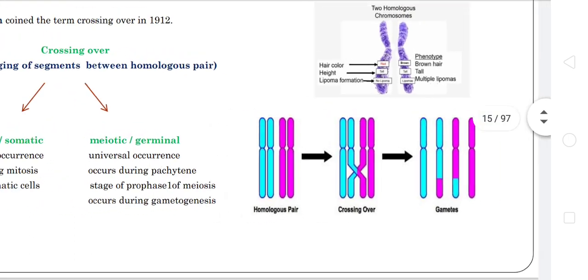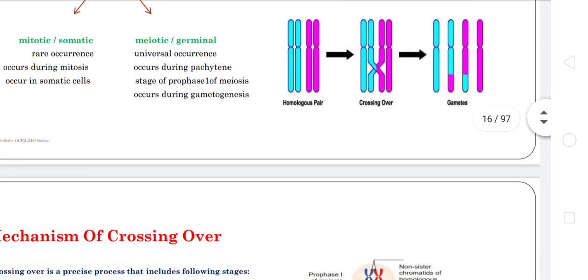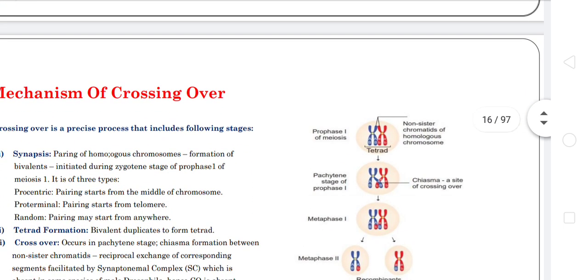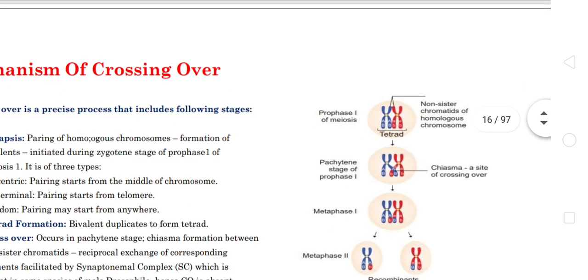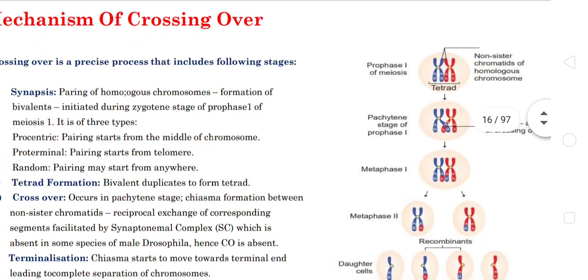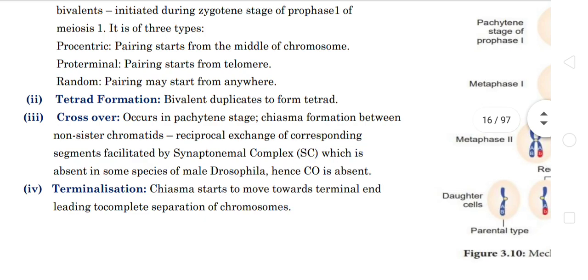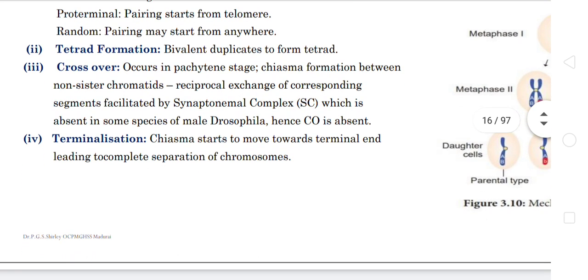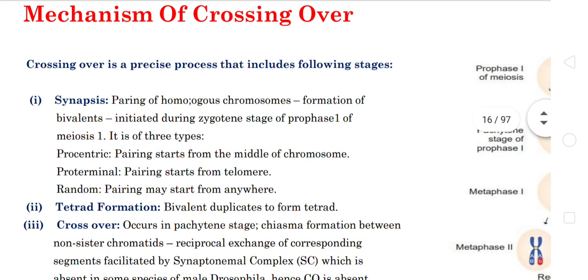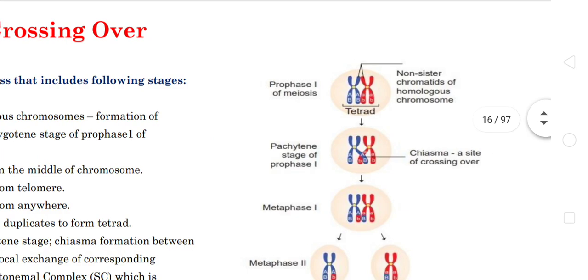Next we are going to see the mechanism of crossing over. Crossing over includes 4 stages: synapsis, tetrad formation, crossing over, and the last phase, terminalization. Let's see, the first phase is called synapsis.